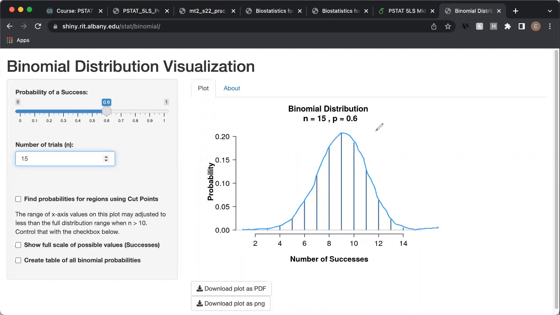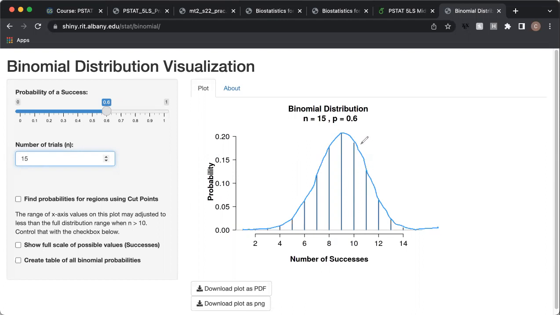And the main difference, though, is that a binomial distribution is discrete. And that means that the heights of these blue vertical bars are what represent the probability. And in a normal distribution for a continuous random variable, we think of the area under the curve representing the probability.